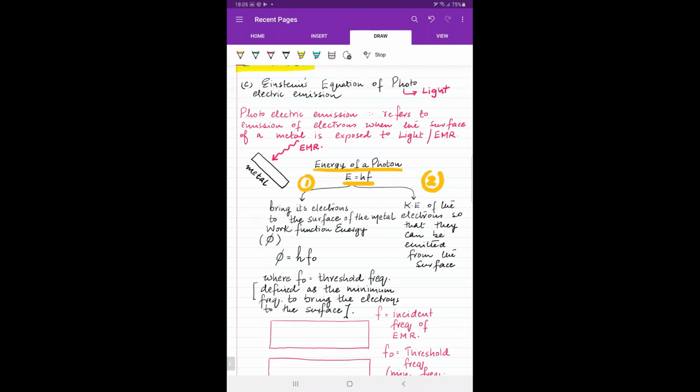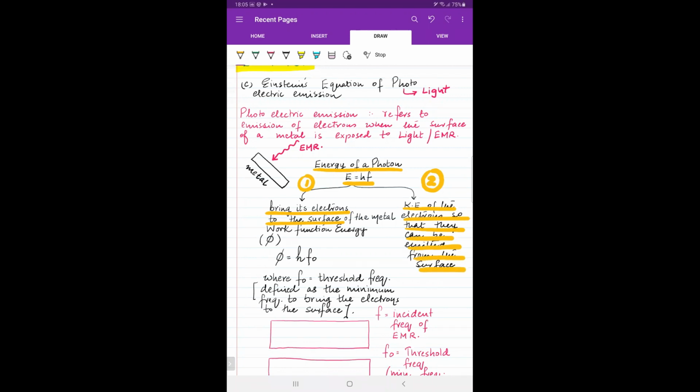The first thing which he suggested was some of the energy of the incoming photon is going to be used up by the metal to bring its electron to the surface, while the remaining energy will be converted into the kinetic energy of the electrons so that the electrons can be emitted from the surface of the metal.